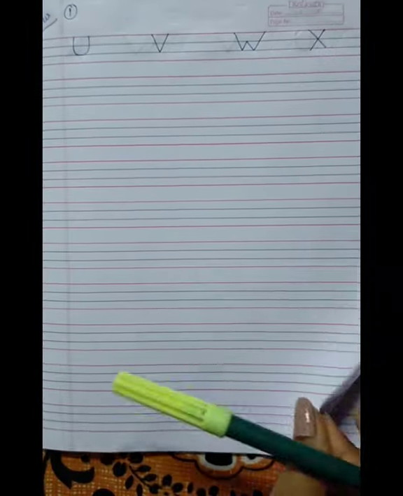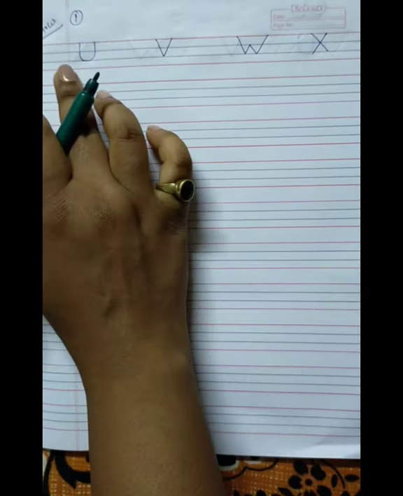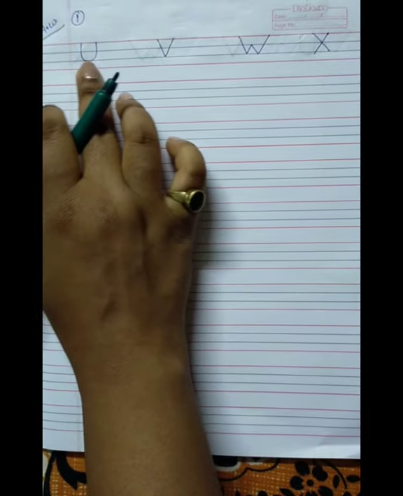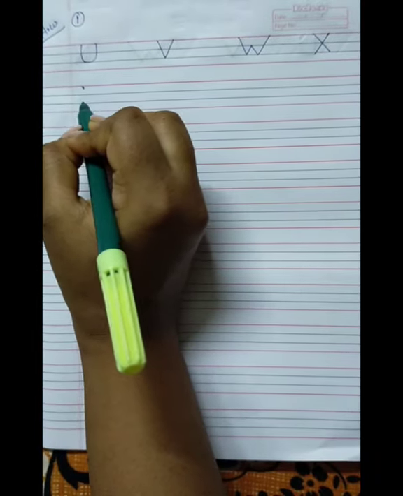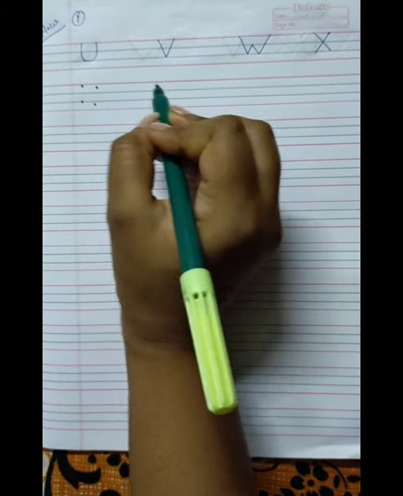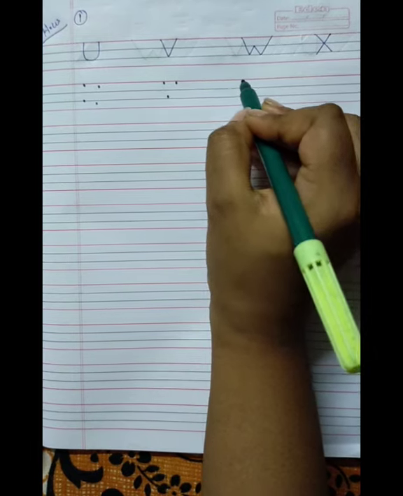So as usual, I will give you homework. This is for the parents. I always ask the parents to write the first line for them. Then make dots for your kids.